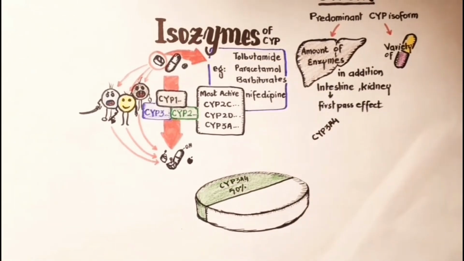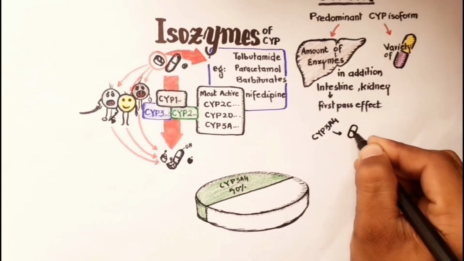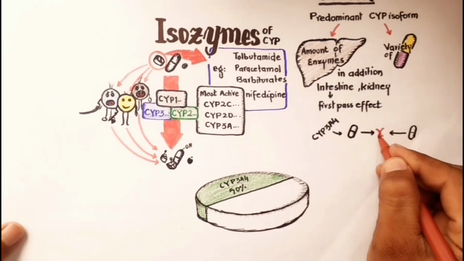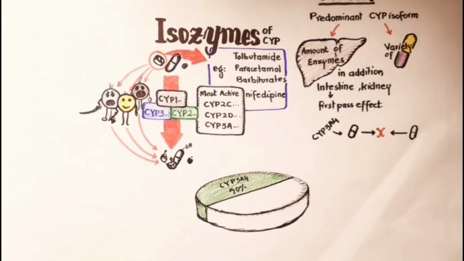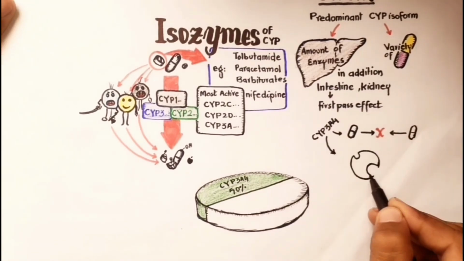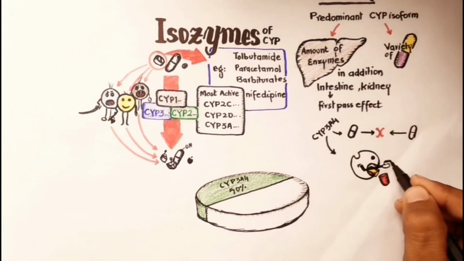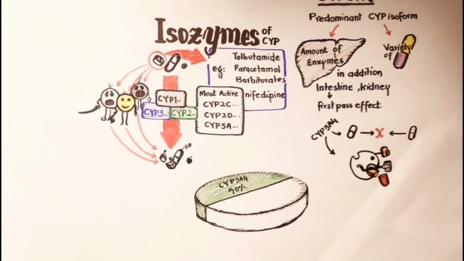And CYP3A4 is likely to be involved in the greatest number of drug-drug interactions. However, the fact that two drugs are metabolized predominantly by CYP3A4 does not mean that co-administration will result in a drug-drug interaction, since drugs can bind in different regions of the CYP3A4 active site, and these regions may be different.